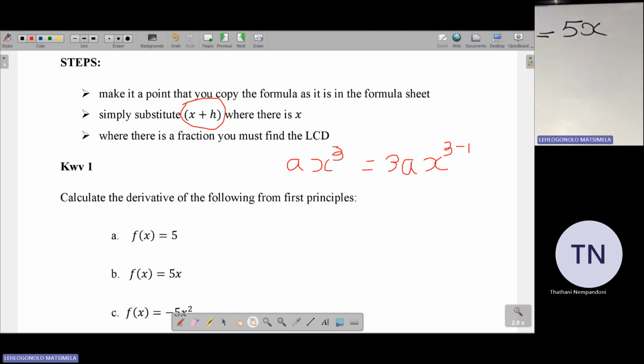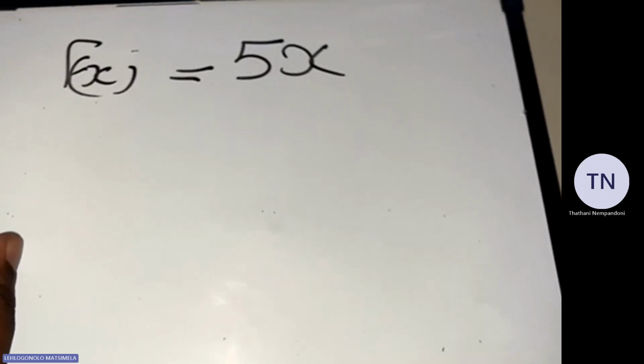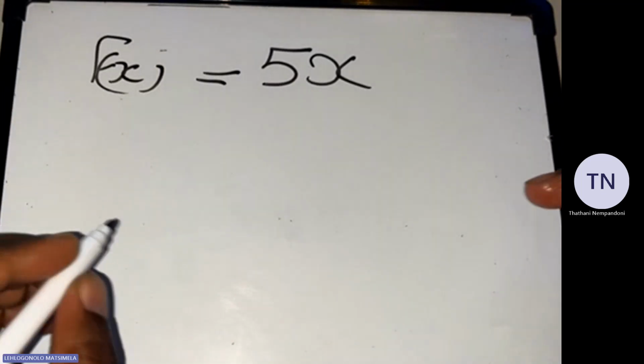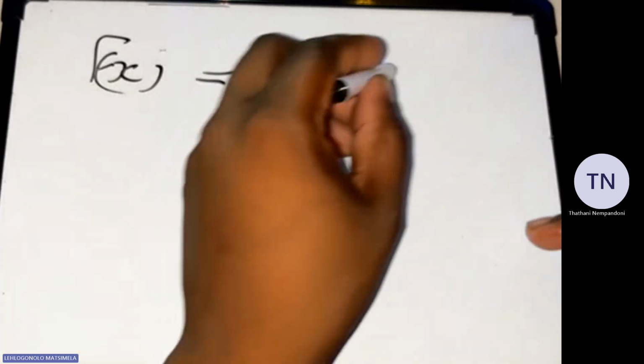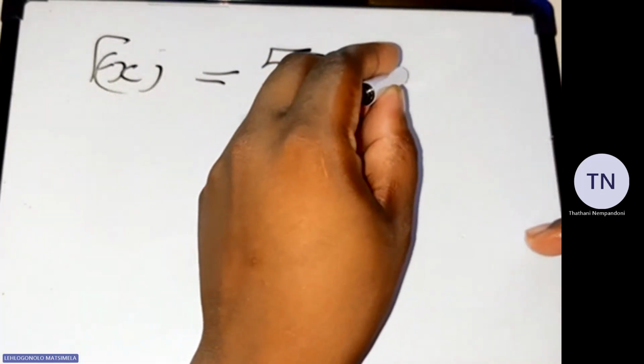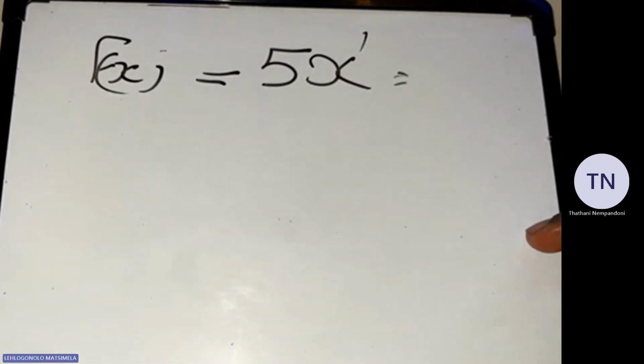Then derive. When they say derive from the first principle, I will give you a technique so that you don't find it difficult in future. If you don't know the formula, the technique is that firstly, before you use the formula, derive this with the simple formula, saying the exponent of x now is 1.